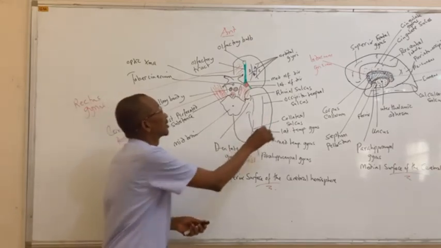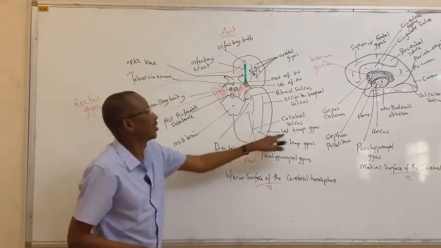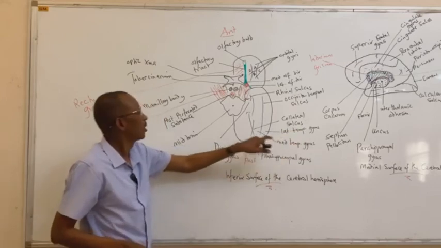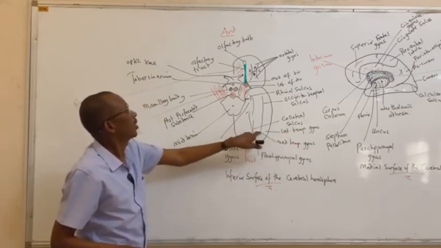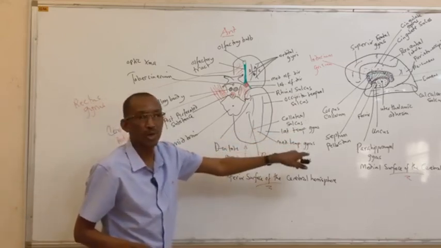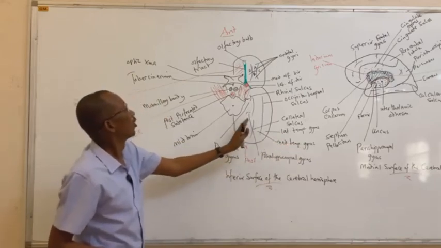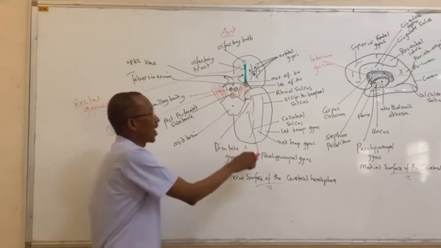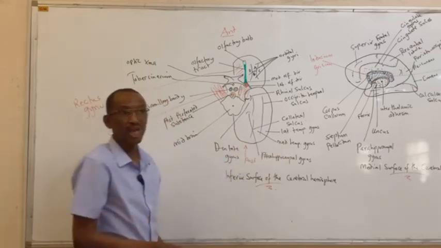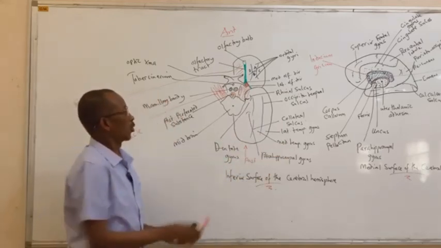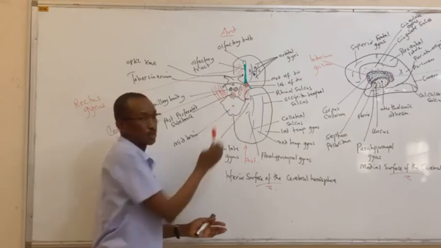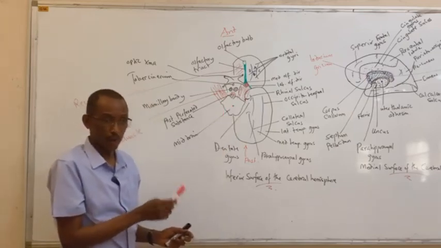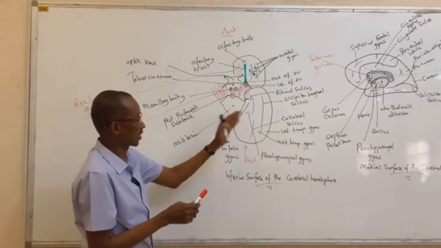The one on the lateral side is called the lateral temporal gyrus. The one next to it is called the medial temporal gyrus. And the one towards the midline is what we call the para-hippocampal gyrus, because next to it is the hippocampal gyrus, which we'll discuss later on.